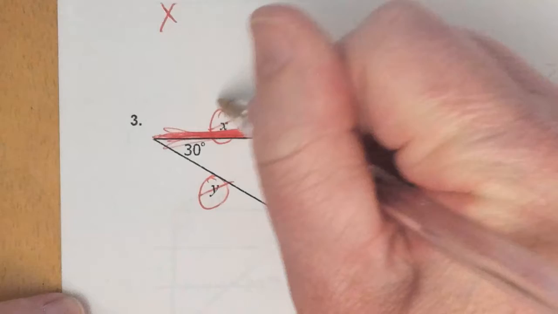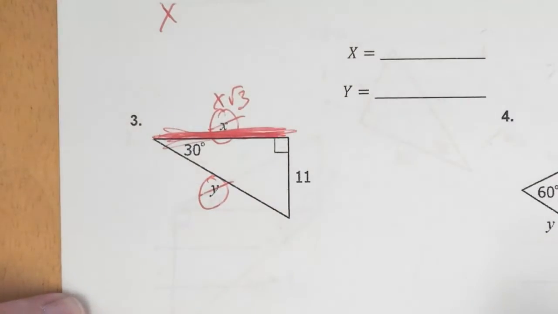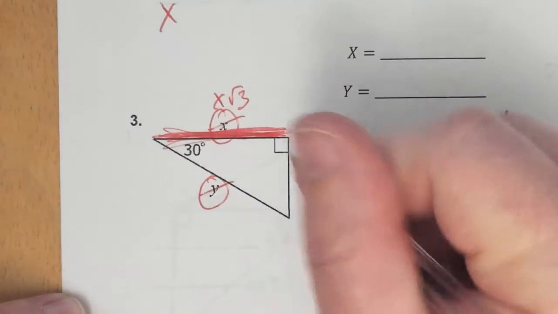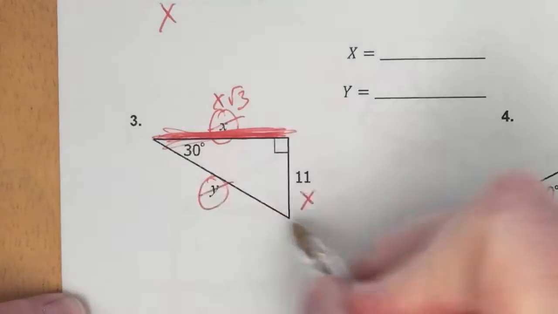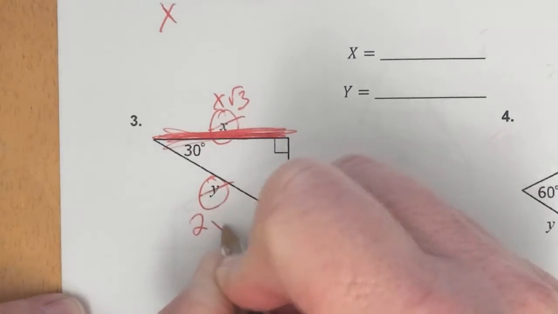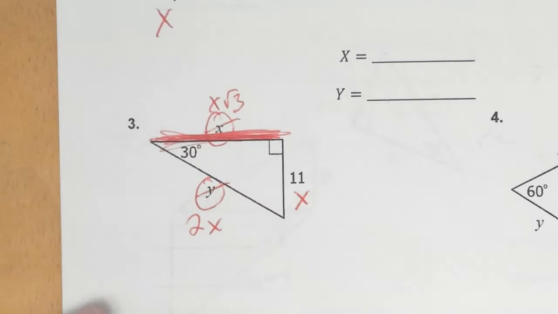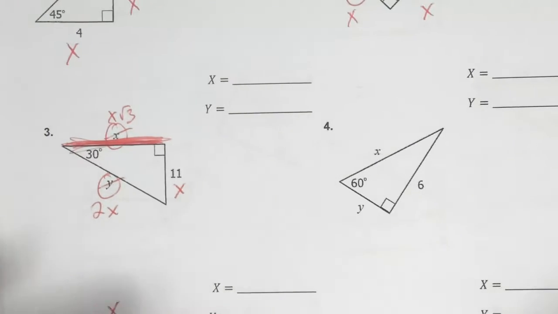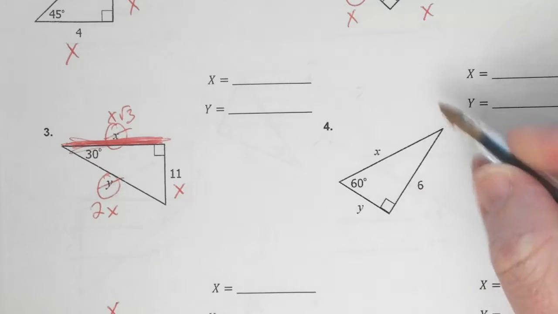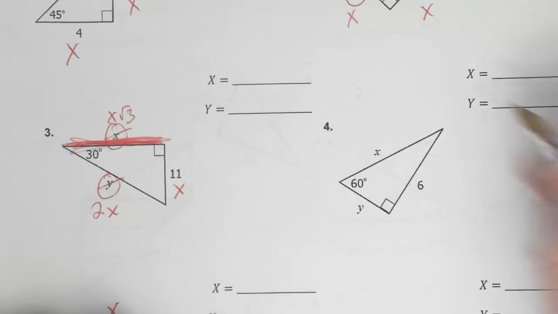So that is x radical 3. The other two sides: this is a short side, that's x. The long side is 2x. Good. It's okay to get these wrong. You're going to get better as time goes on. No worries. Just be patient with yourself. It's going to take a little time.